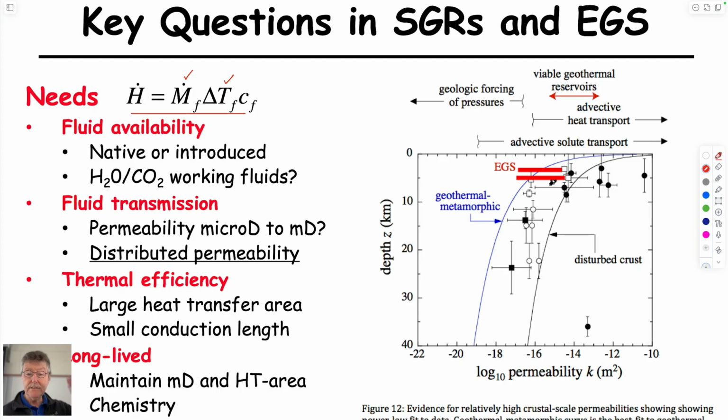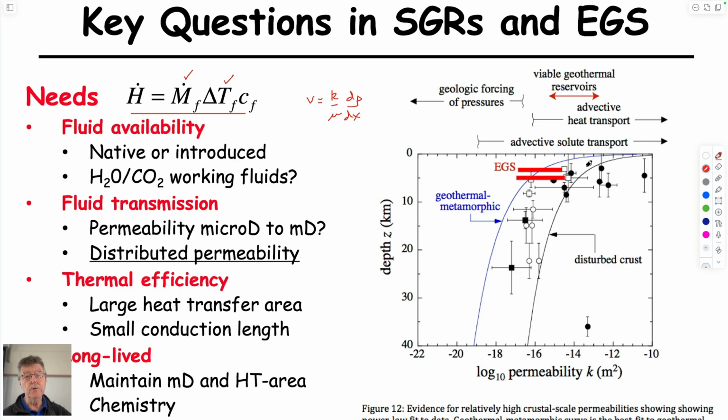So the challenge is this: you want to have a large volumetric flow rate. That's controlled by the permeability, as we talked. We'll talk more about that for multi-phase fluids in the week to come. Next week, we're going to talk about transitive fluids. Darcy's law requires a pressure gradient and a permeability.